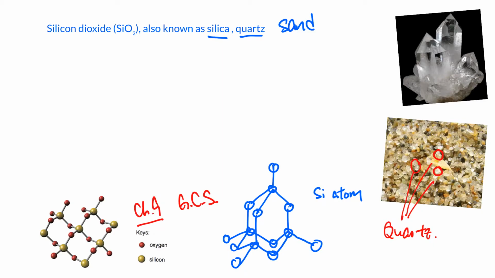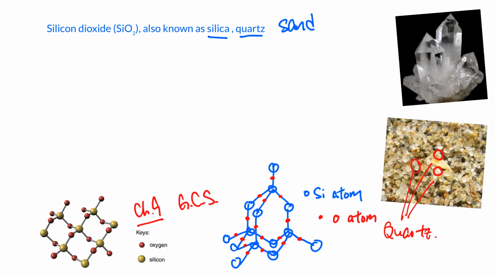But the silicon is not directly bonded with the silicon next to it. It has oxygen in the middle. So for every single bond, in the middle of it you draw a small red dot. This is the oxygen atom, and this is the silicon atom.